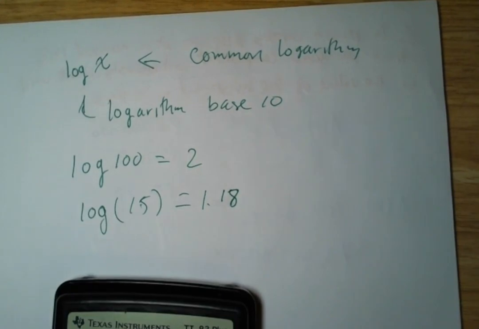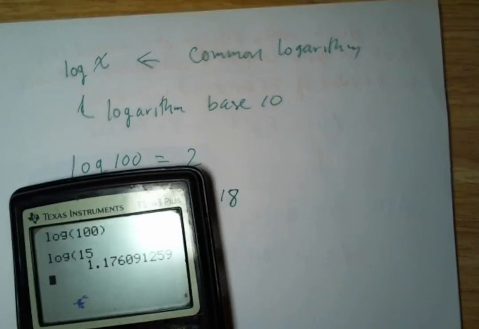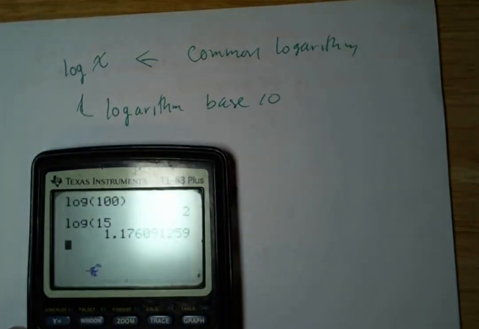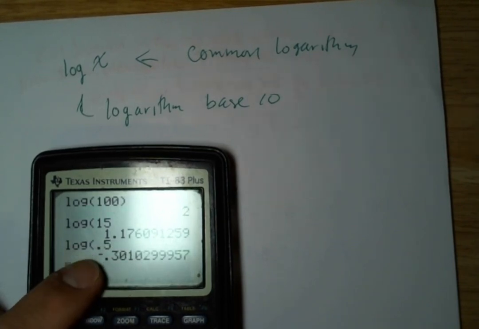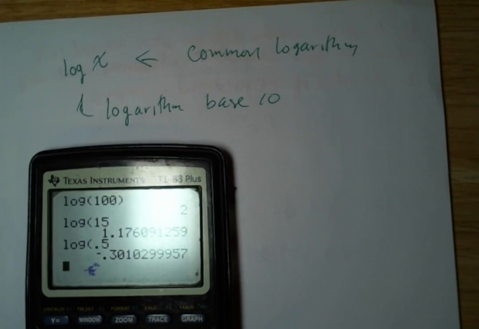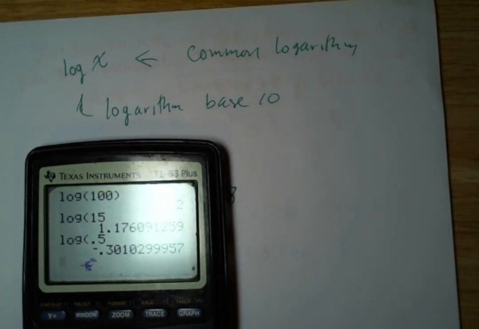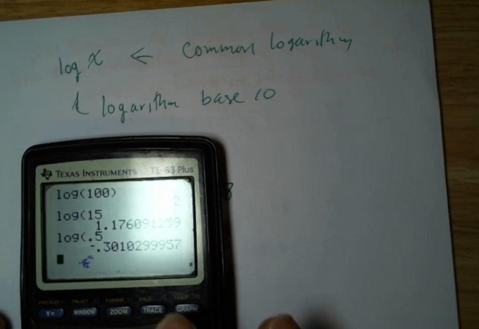Okay. Now, if we recall the graph of our basic logarithm, we do see that the values are positive once it crosses the x-axis at 1. So for any input between 0 and 1, you'll get a negative result, and that is true across any logarithm. So log of 1/2 gives you a negative 0.3, or negative 3/10. And the closer you get to 0, the more negative this value is.